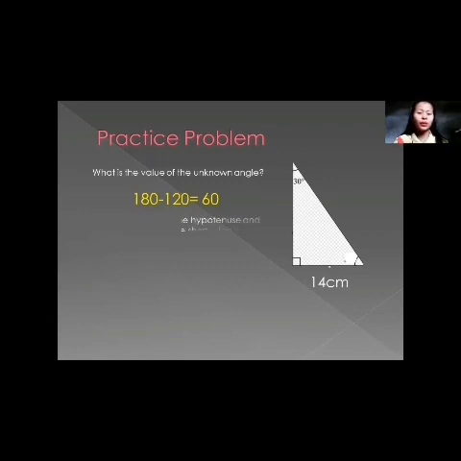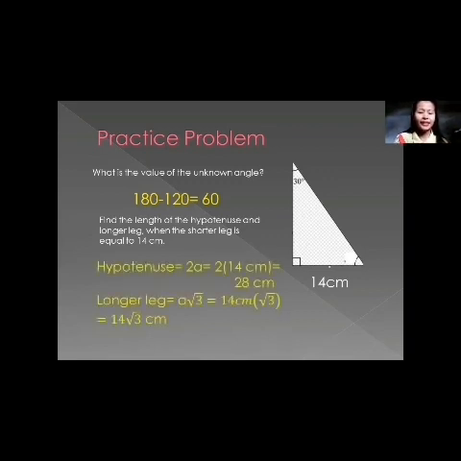The next question will be, find the length of the hypotenuse and longer leg when the shorter leg is equal to 14 centimeters. Yes, take your time, class, to answer. Now, let us check your answers. It states that the hypotenuse is equal to twice the measure of the shorter leg. Our shorter leg is 14 centimeters.